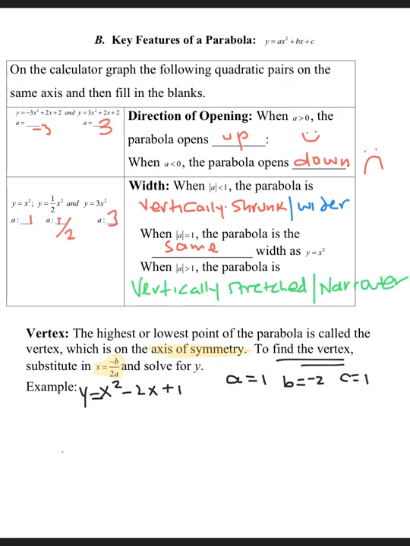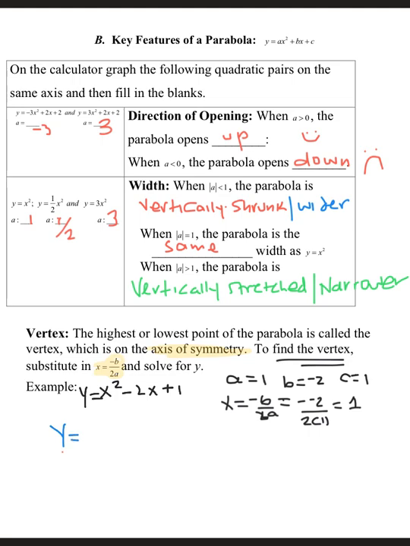Now I can get x equals, remember the formula, minus b over 2a. So this is going to be minus -2 over 2 times 1, and that will give me positive 1. So x is positive 1. Now I'm going to plug that into the equation.